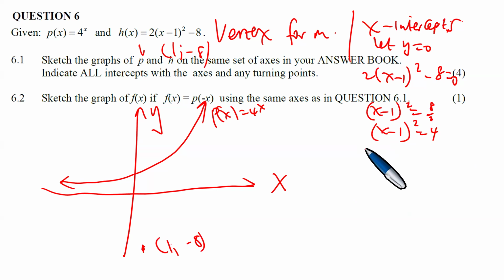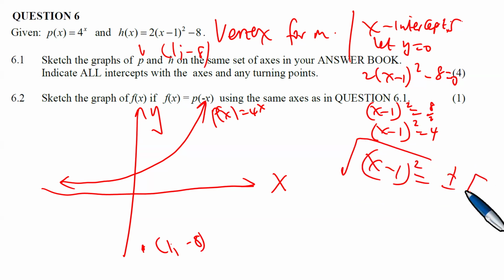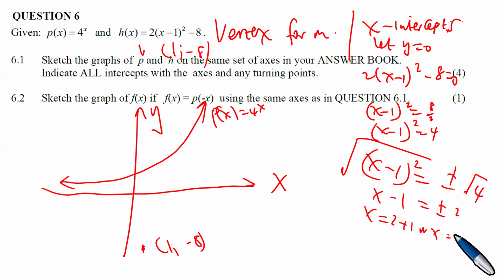Okay, let's continue with this. If (x minus 1) squared is 4, you put the square root here. X minus 1 is plus or minus 2, which means x is 2 plus 1, or x is minus 2 plus 1, so x is 3, or x is minus 1.